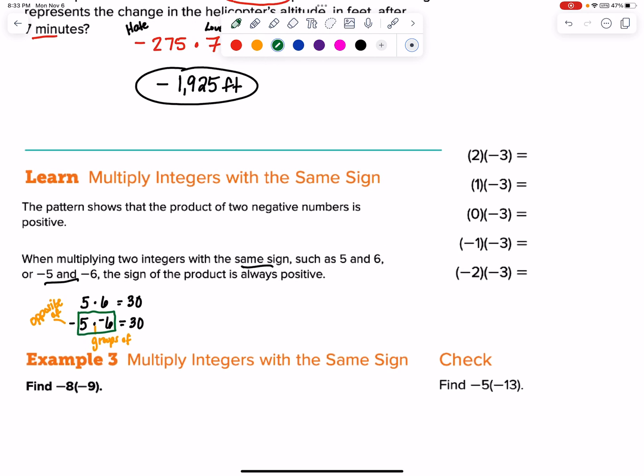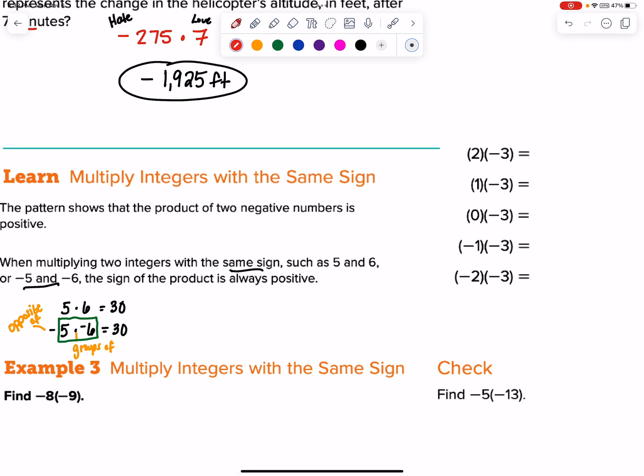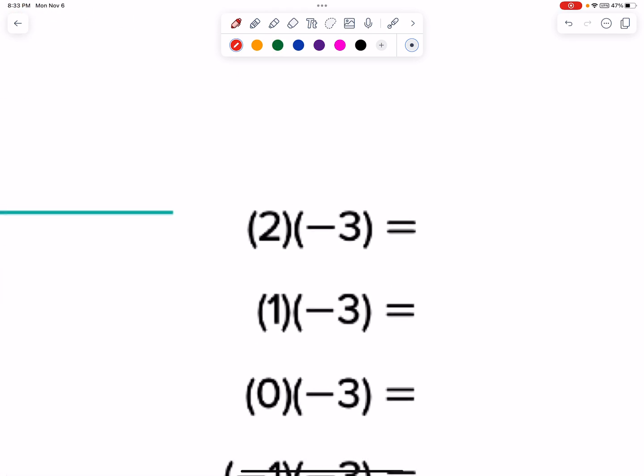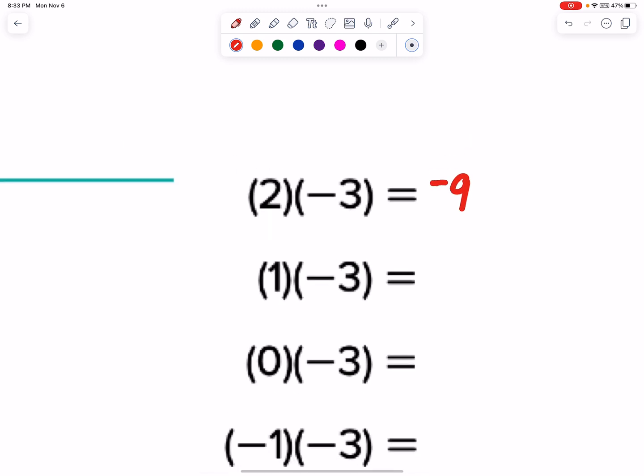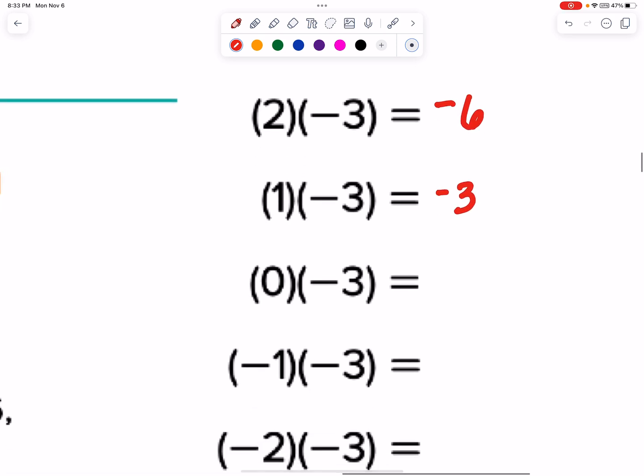But let's also look at some patterns. A lot of times in math, we look at patterns to figure things out. So we knew that 2 groups of negative 3 is negative 6, because we love to hate, so we hate at the end. 1 group of negative 3 is negative 3. 0 groups of negative 3 is 0.